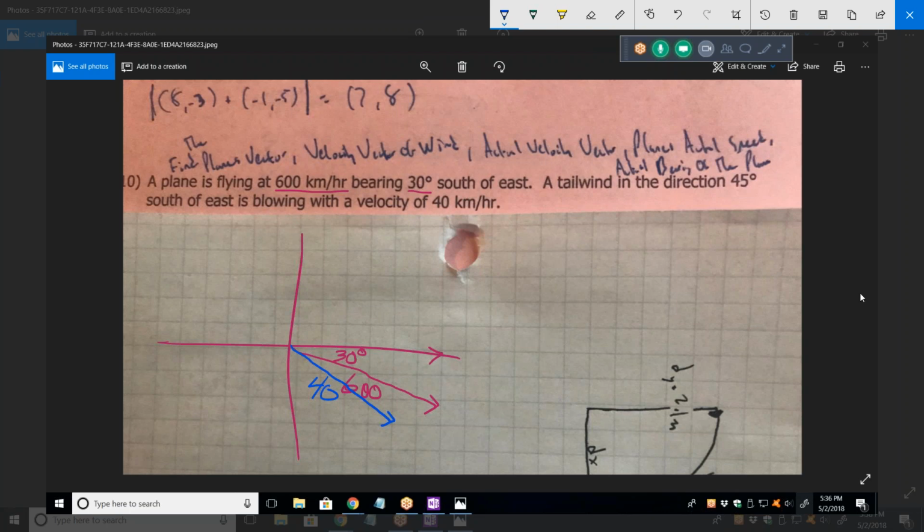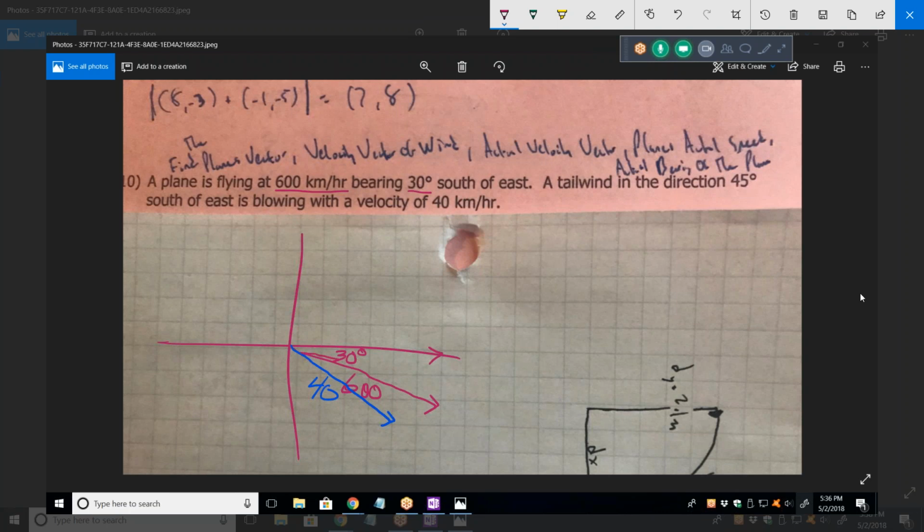Add the components together, put them back together, and you have a resultant vector.